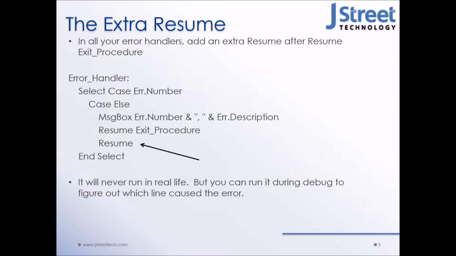Now, resume, as you probably know, is misnamed by VBA. Resume doesn't mean resume and continue, it means try again. So it really should say resume, try again, or something like that, to be more clear. But what resume will do is immediately try again the line of code that caused the error.